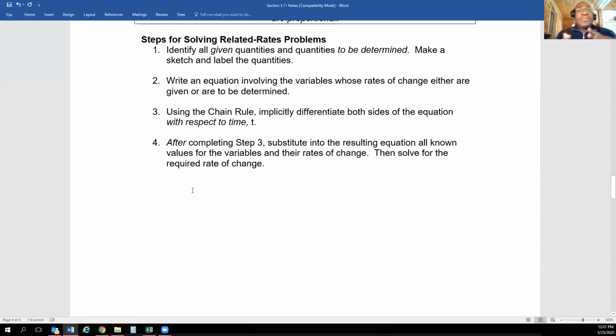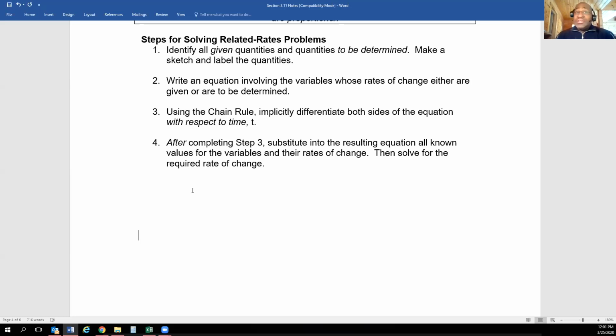All right, so the basic steps involved: one, you want to identify all the given quantities and the quantities to be determined. Sometimes you might have to draw a picture, make a sketch, and label the quantities. Second, write an equation that involves the variables whose rates of change are either given or need to be determined.